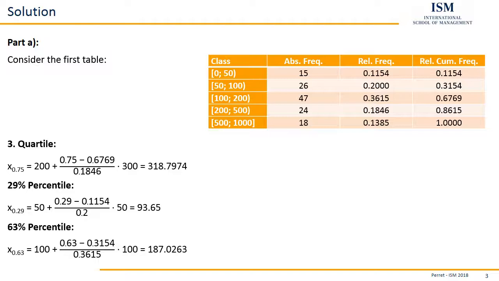So here we have to calculate 200 minus 100, giving us the 100 we multiply to the fraction. Taken all together, we get a 63% percentile of 187.0263. This concludes then the first part, part A.